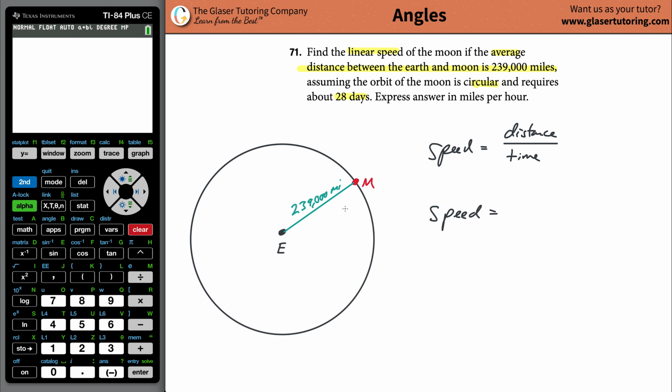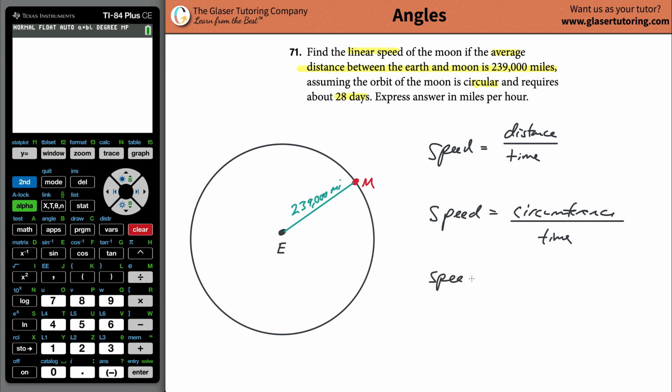So in my picture here, and that's why pictures are important, they're worth 1,000 words. Circumference. That's what the distance is represented by in this problem, divided then by the time.